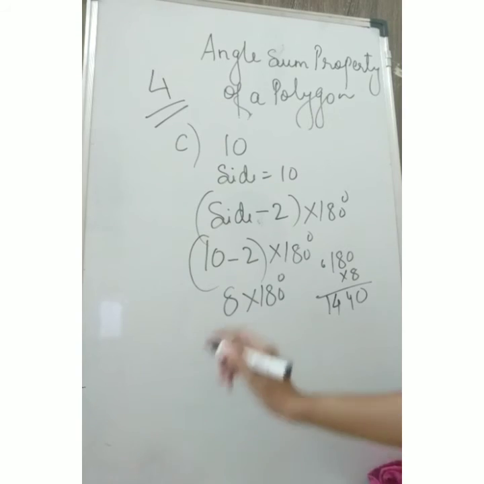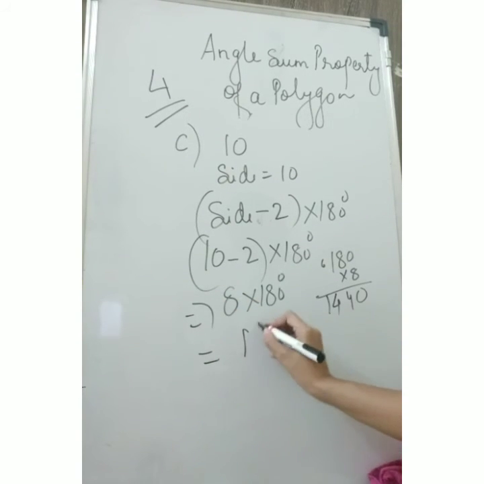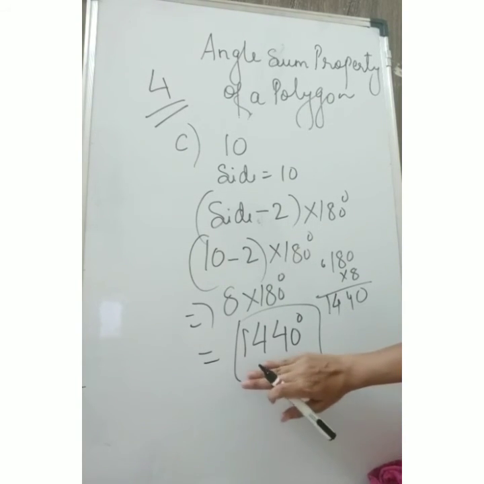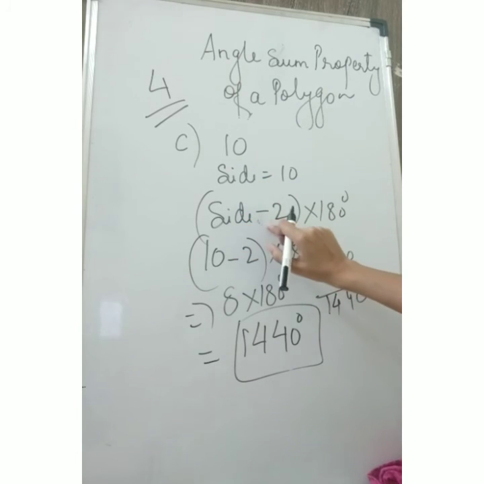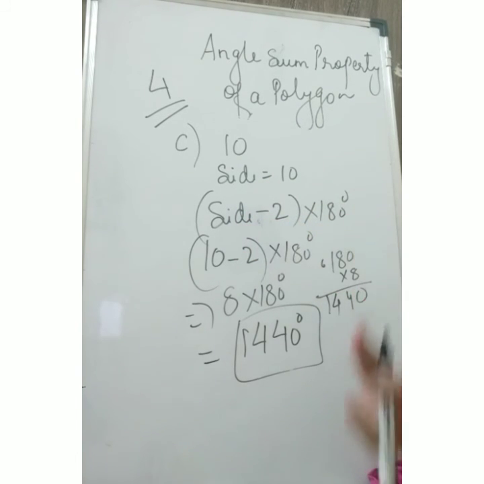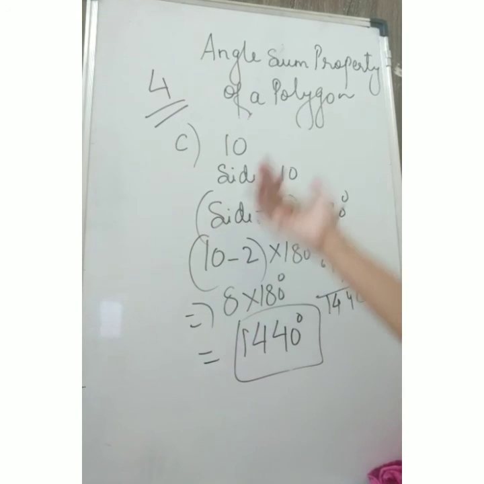So this is what, students? 1440 degrees. Okay. So 10 sides is equal to a decagon. So the sum of the angles of a decagon is what, students? 1440. Like this, if you are given the number of sides, then simply subtract 2 from the sides and multiply with 180. So you will come to know the angle sum of that particular polygon.